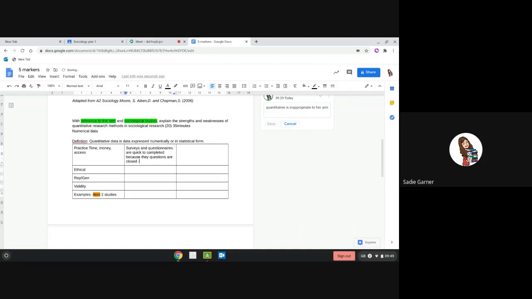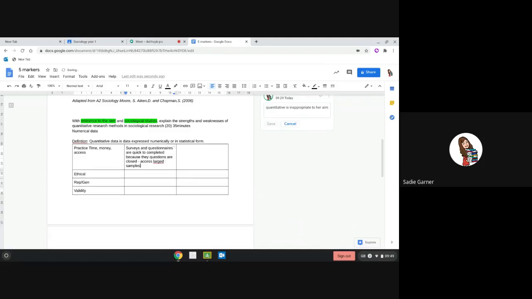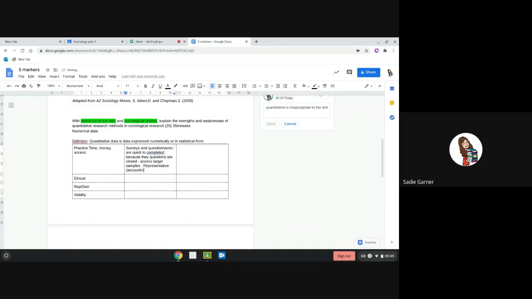And it means you can access larger samples, making it more representative or accounting for differences, and you can apply results or generalize. They're quick, which means you can access samples. That's why it's in the access bit.